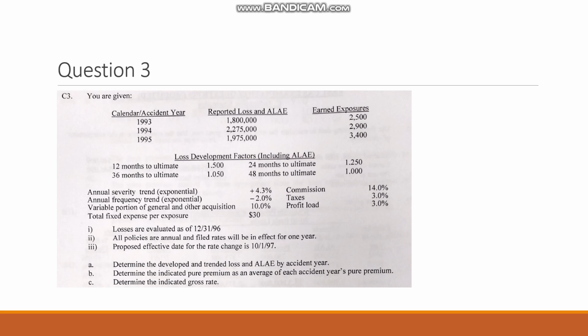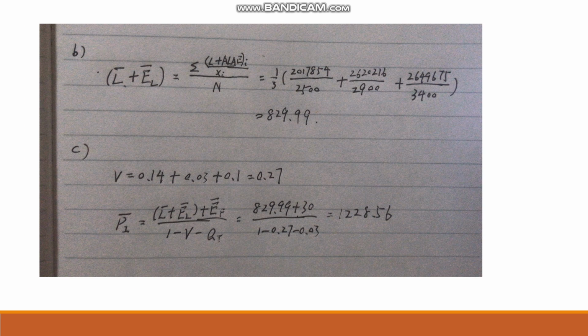And problem B, determine the indicated pure premium as an average of each accident year's pure premium. So we can calculate it by the sum of the loss over the number of exposures, divided by n.